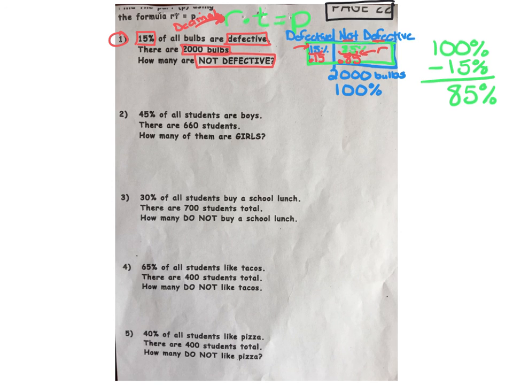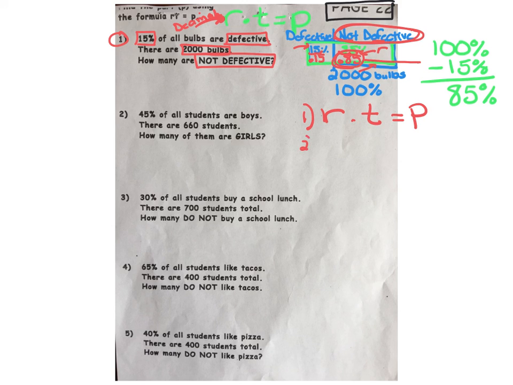Let's keep in mind, I'm looking for the amount of bulbs out of 2,000 that are not defective. So since that's the case, I will use this rate in the formula. So step 1, R times T equals P. We know we're looking for the amount of bulbs that are not defective, that larger part of the bar.